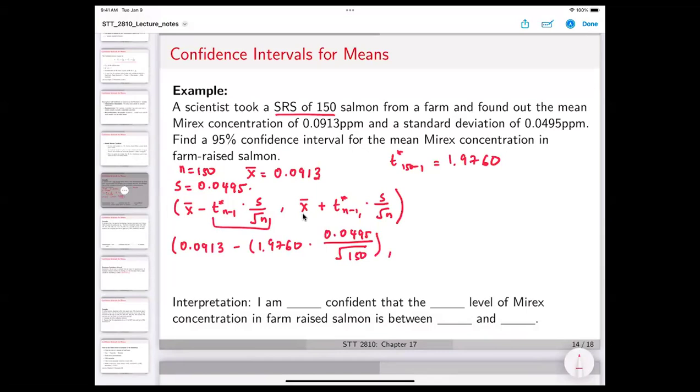And then same thing, 0.0913 plus 1.9760 times 0.0495 divided by square root of 150.